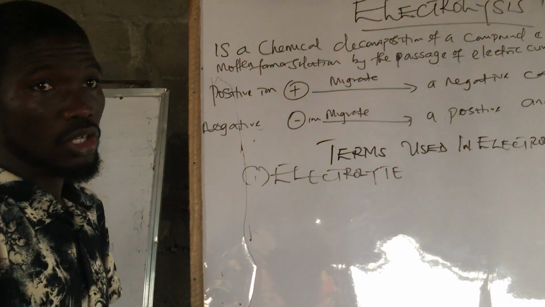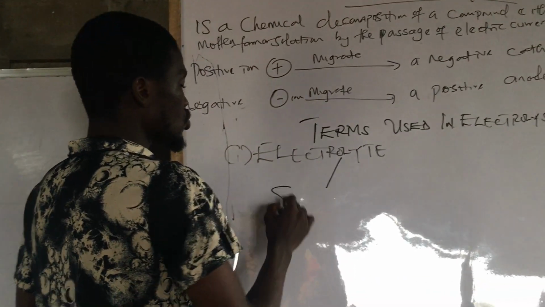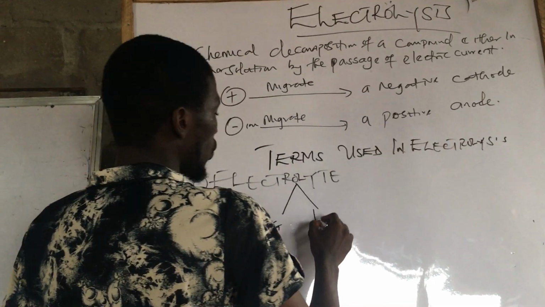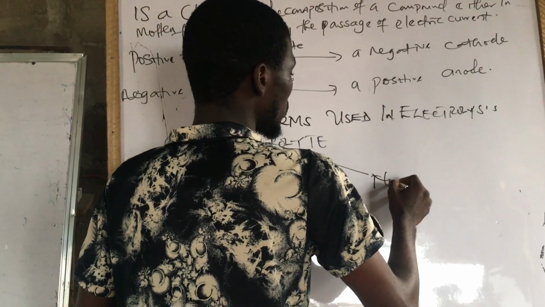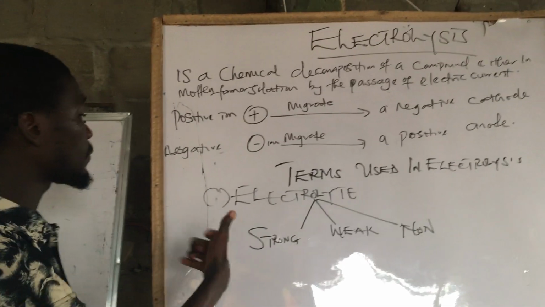Are you with me now? Under electrolytes we have the strong, the weak, and also the non-electrolytes. I'll be picking one after the other.